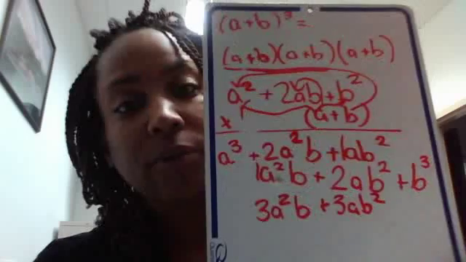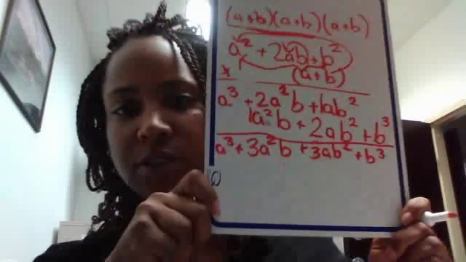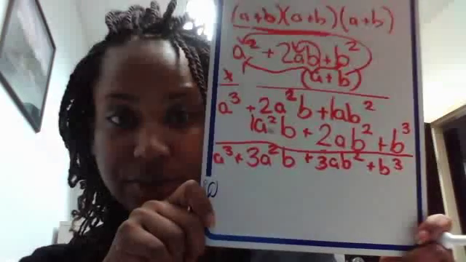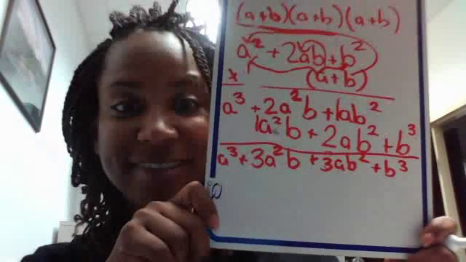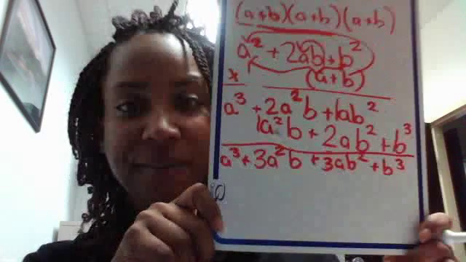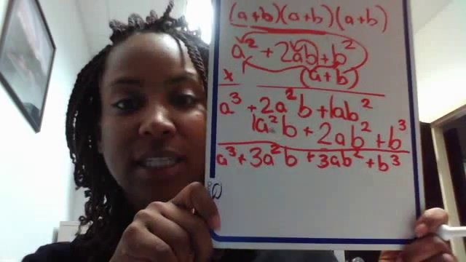So you can just add the rest of them down. And your answer should look like this. If it does not, rewind the tape and replay and do the problem again. This is your answer.